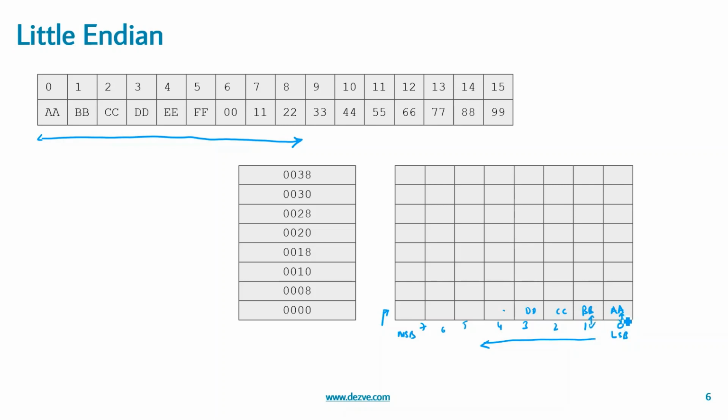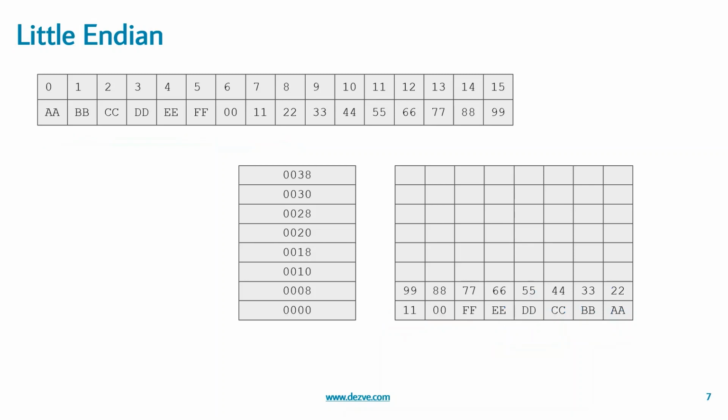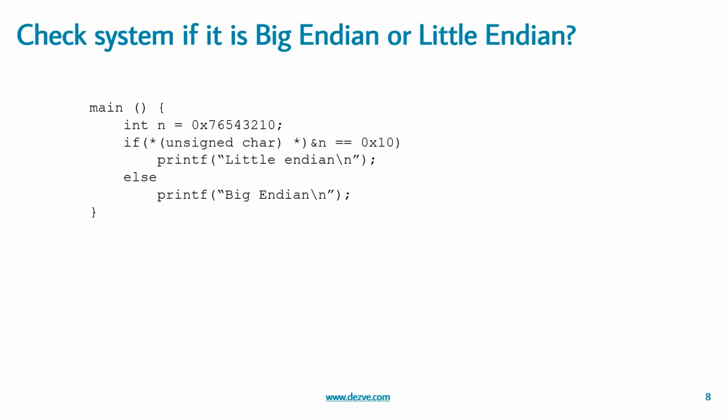So there is no discrepancy or mismatch of data with what we assumed as byte 0. That remains consistent, be it a little endian or a big endian system. Only the way the data is populated in the memory differs. So this is after we have populated.